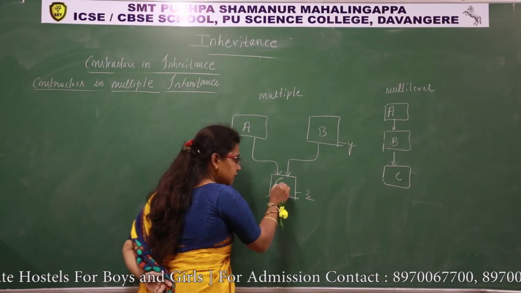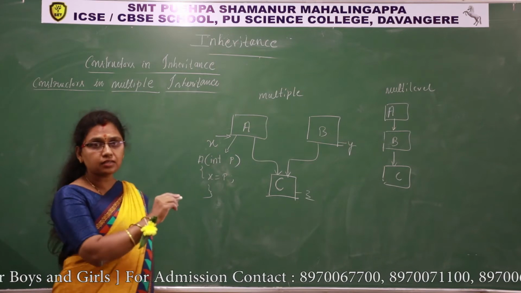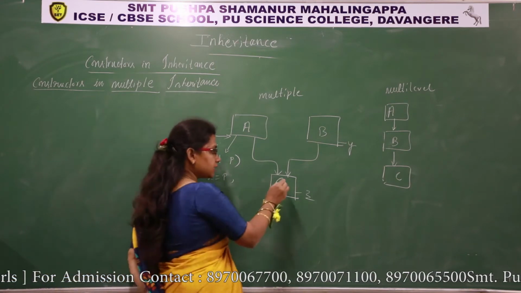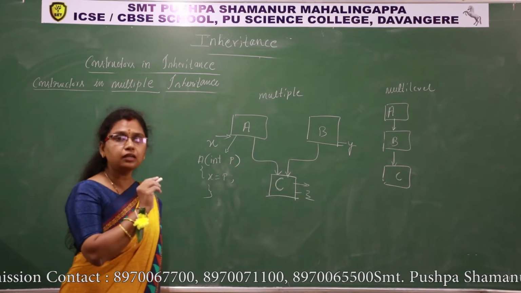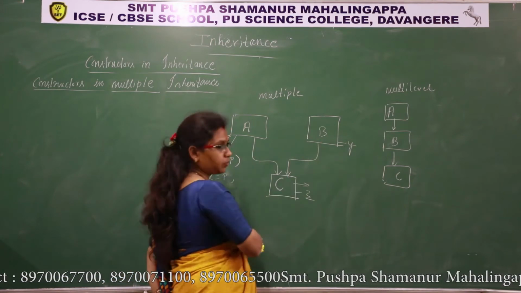Here also class C having two parent classes, and those two parent classes are immediate parent classes. So class C has the responsibility to pass initial values to class A and also class B. Right?